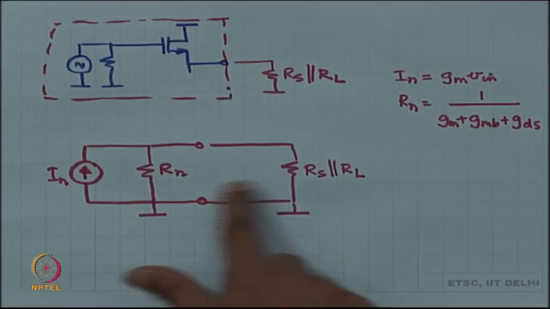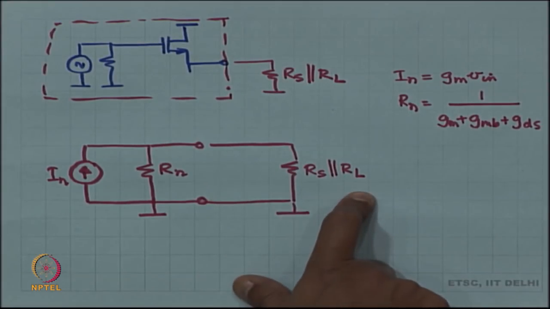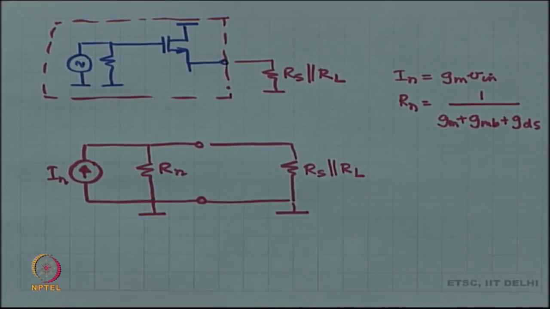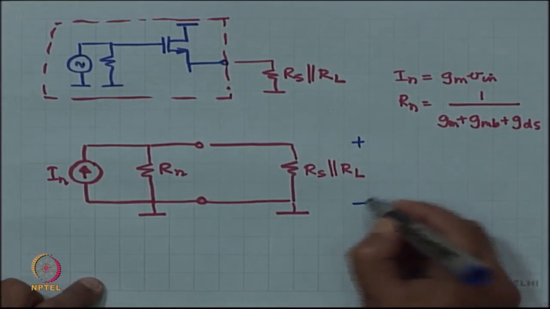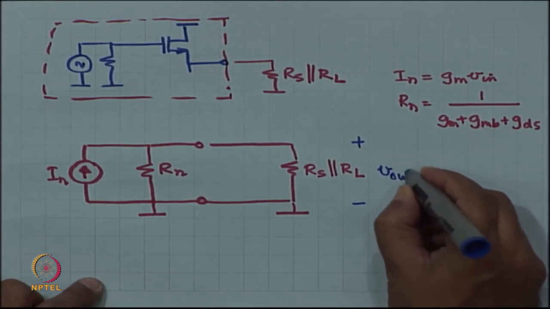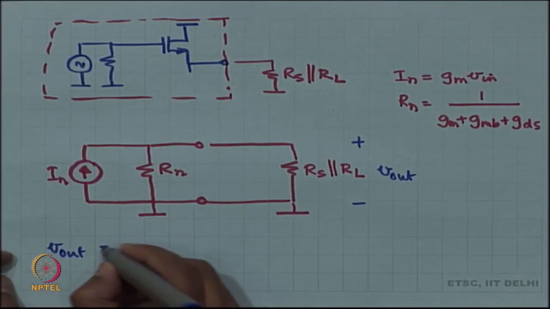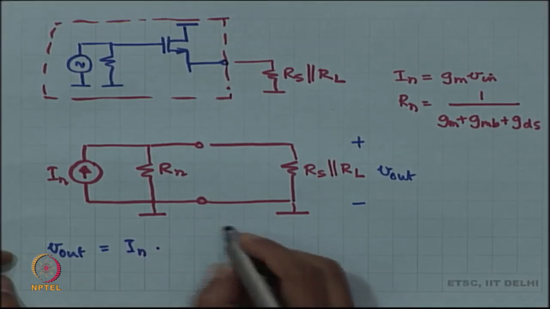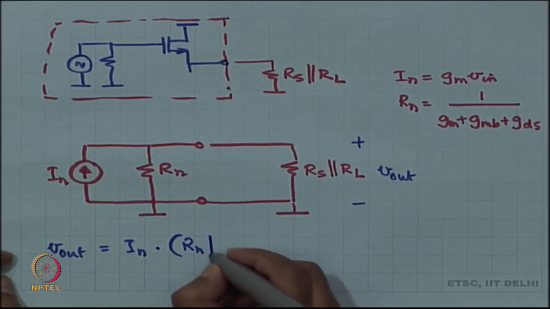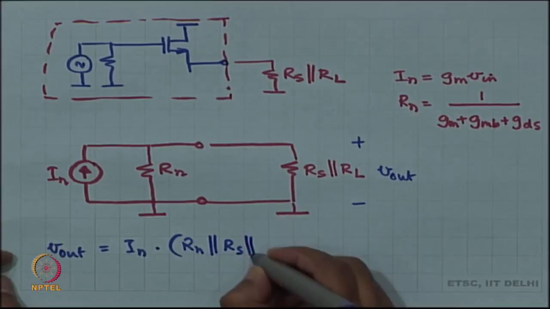Now you get R n parallel R s parallel R L, and I n is pushing current into this. So the net voltage, this is V out, is going to be I n times R n in parallel with R s in parallel with R L.